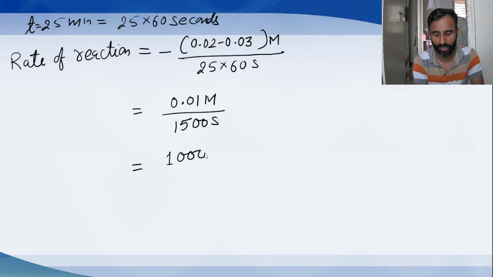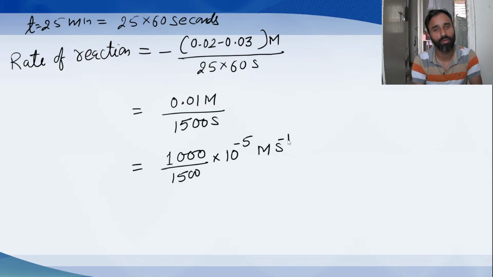So it is equal to 1000 over 1500 into 10 raised to power minus 5 mole per liter per second.